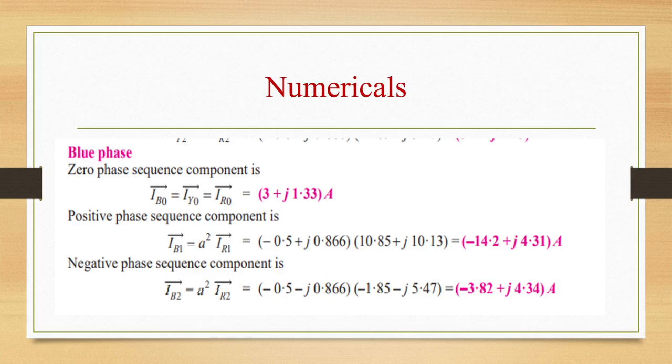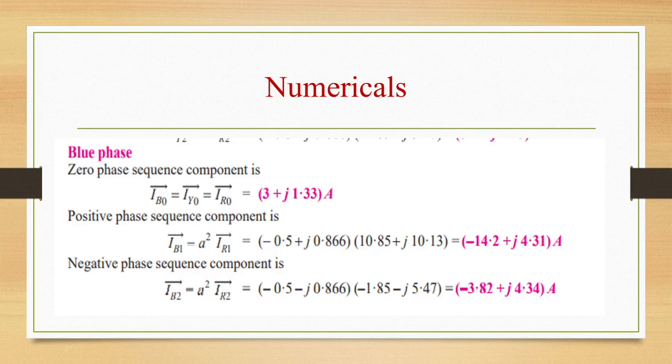And positive phase sequence component is IB1, that is A square IR1. We are going to get the answer as IB1 is A square IR1, that is minus 14.2 plus J 4.31 amps.